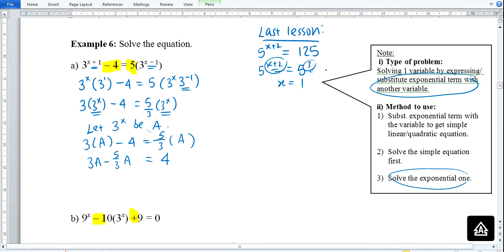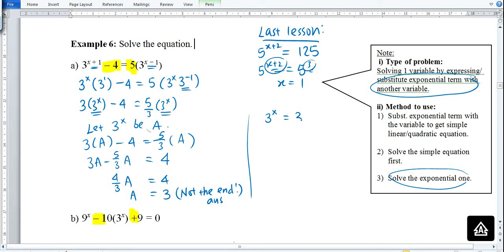So if I simplify my equation with a, I'm going to get a as 3. But this is not the answer, because the question wants x, not a. So I'm going to replace a back with 3 power x.